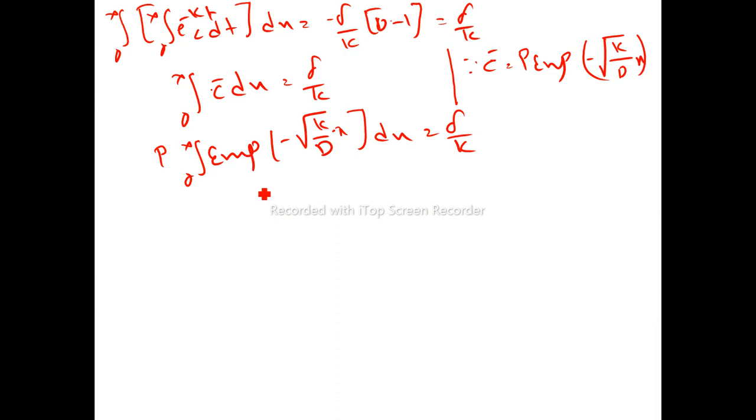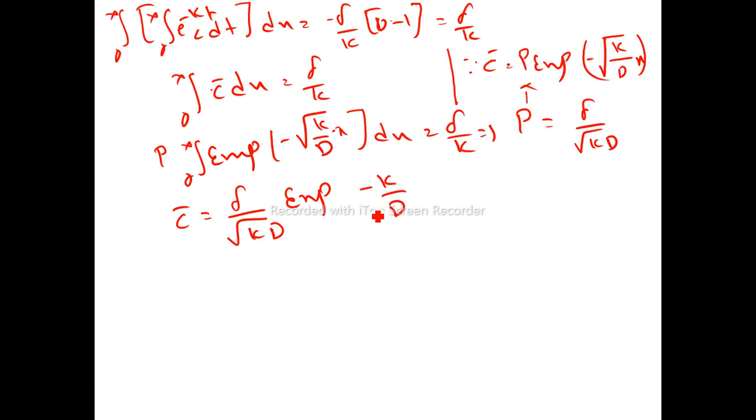So after integrating and substituting the values, we get the p value equal to delta by root kd. Substituting this p value in the above equation, c bar is equal to delta by root kd times exponential of minus root k divided by d into x.